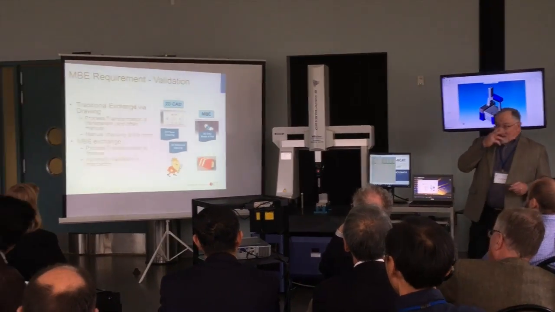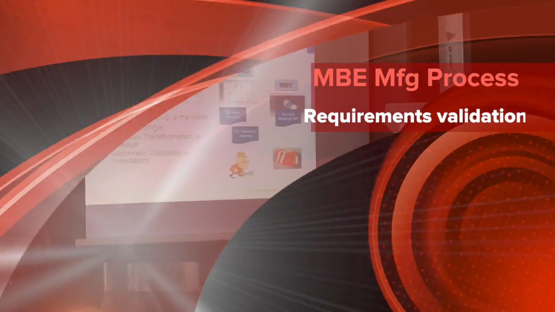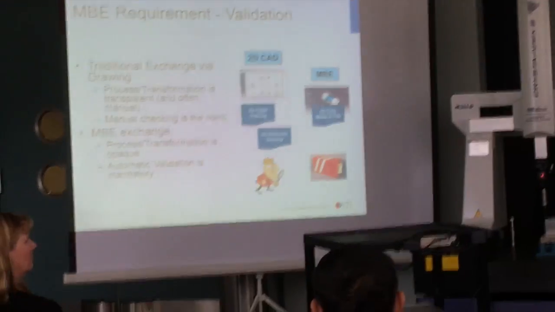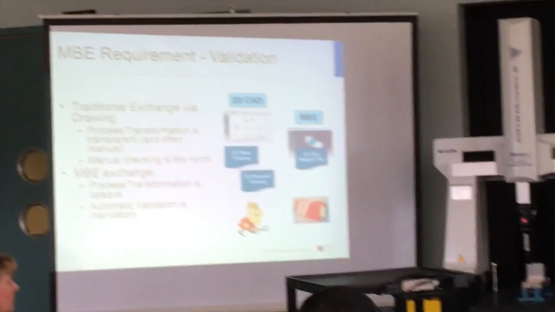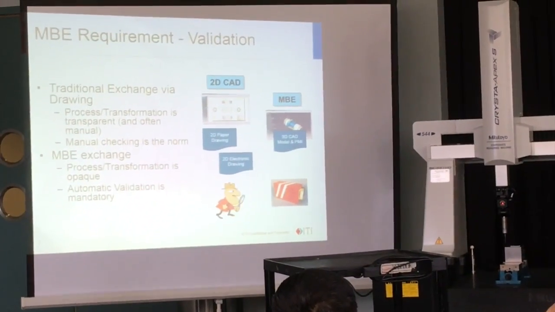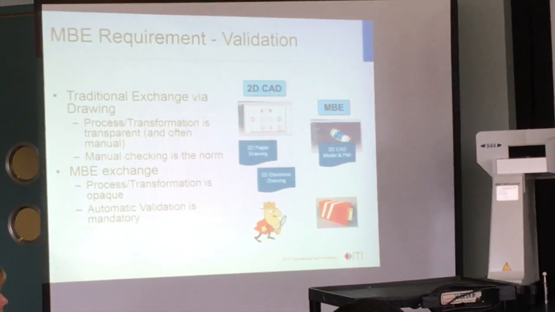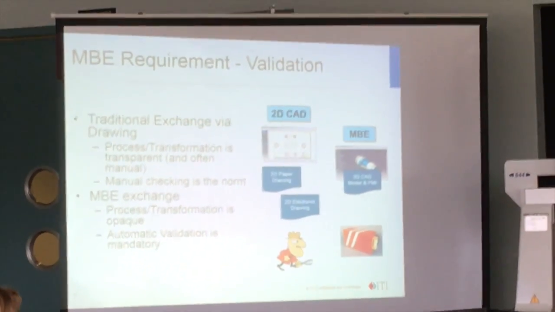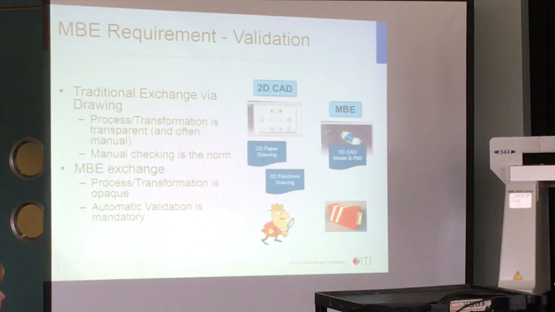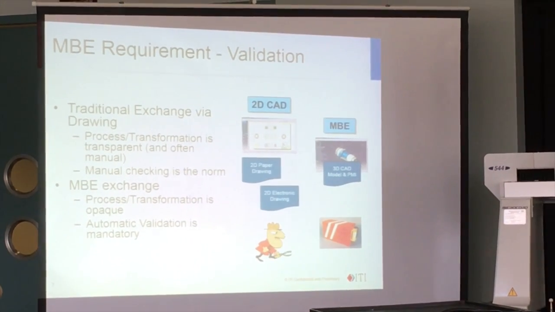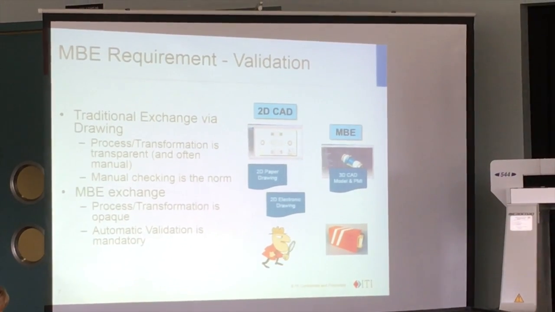Now, you may have heard upstairs the notion of validation of the simulation, using the simulation as a mechanism to validate the manufacturing process, validate the metrology process. There's also validation in the context of just transforming the data from one format to another.